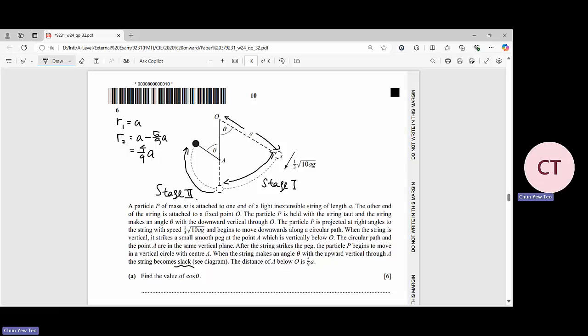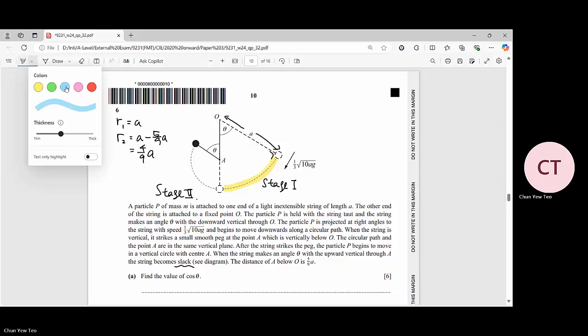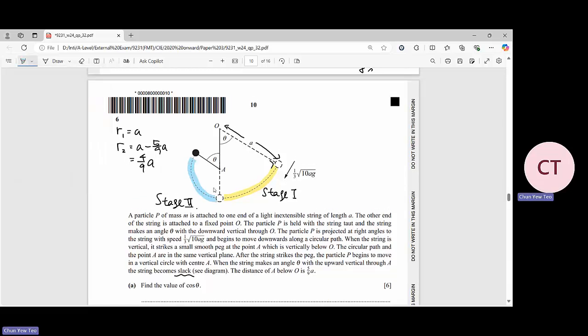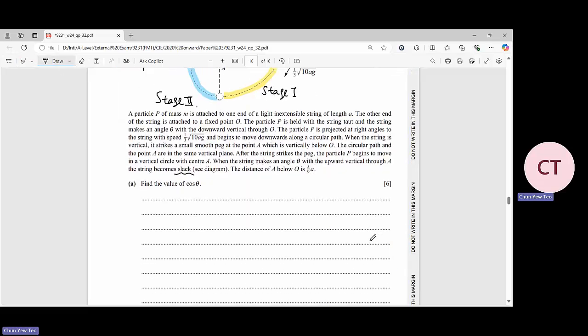So we consider stage 1 first. Stage 1 is only involving this part. Then stage 2 is involving this part. So we consider stage by stage.